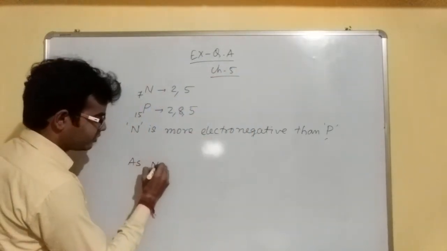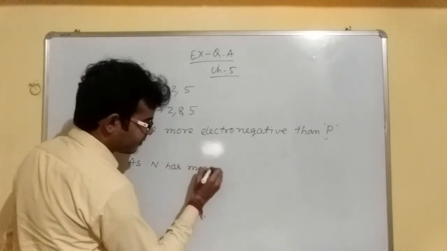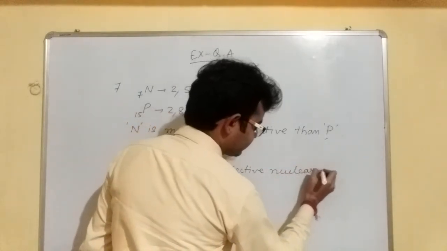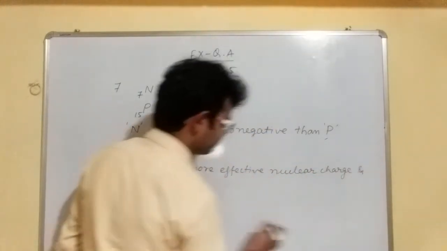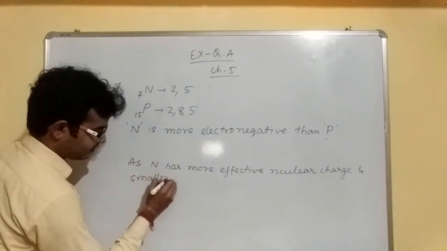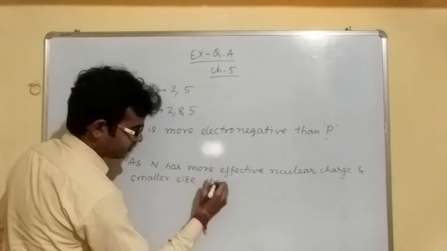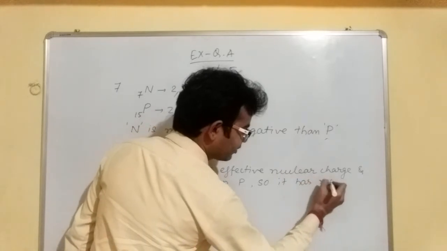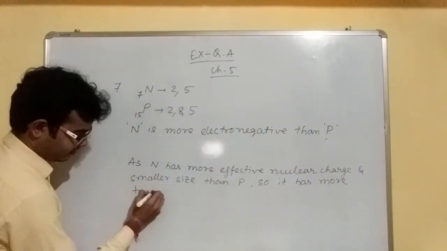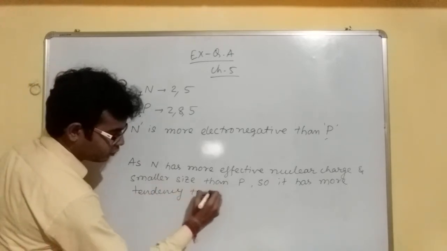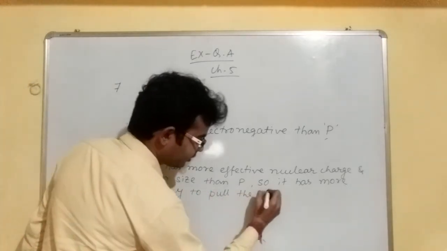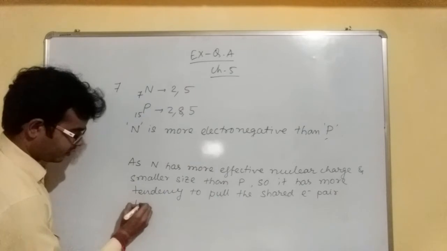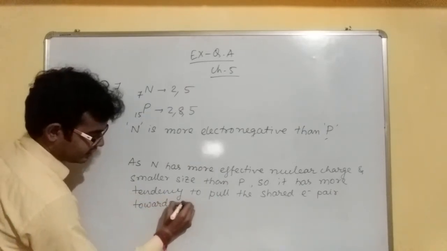As nitrogen has more effective nuclear charge and smaller size than phosphorus, so it has more tendency to pull the shared electron pair towards itself.